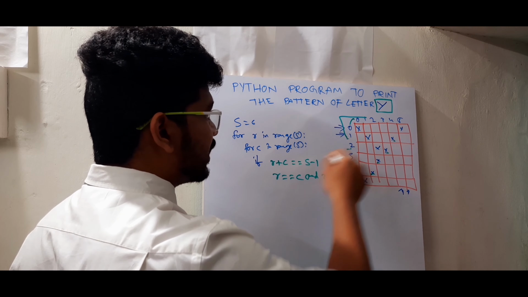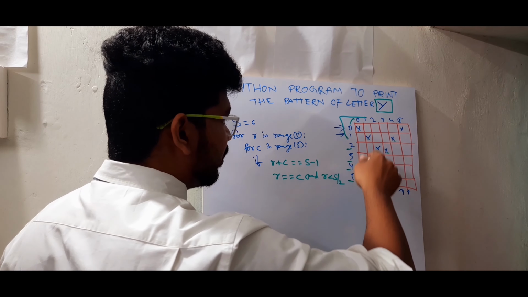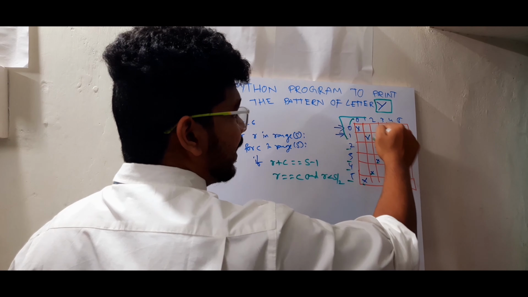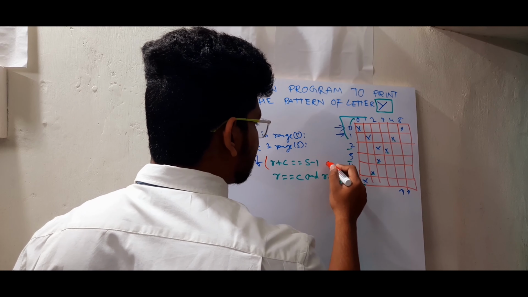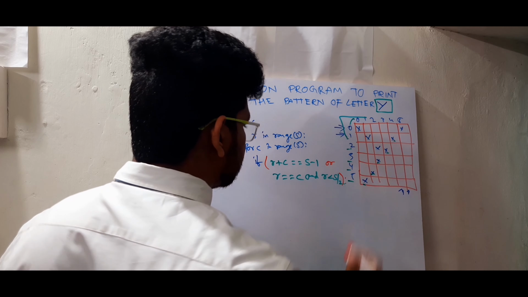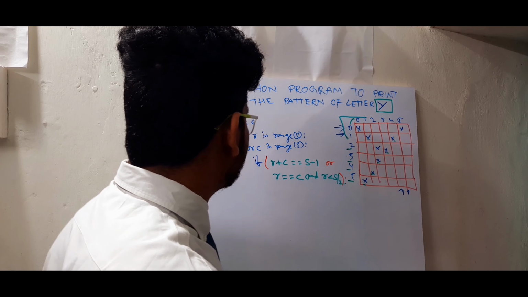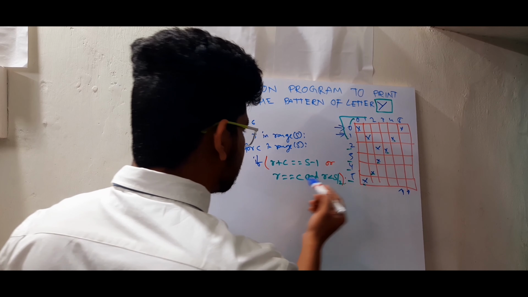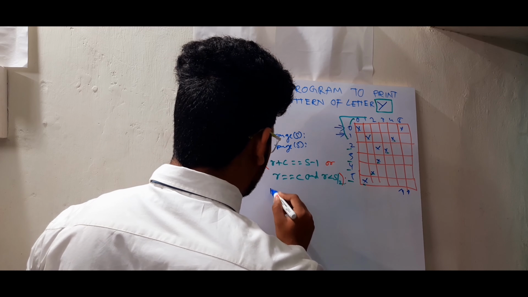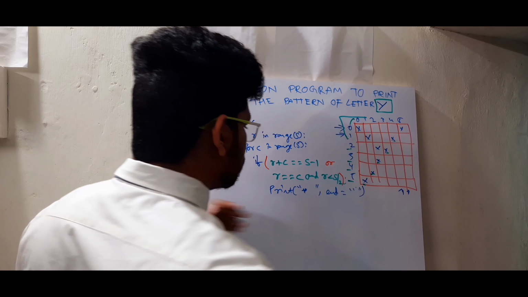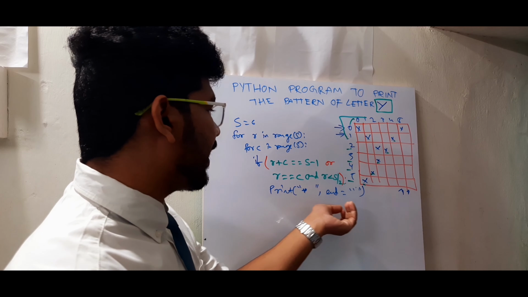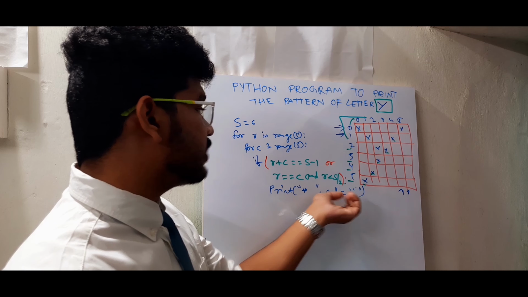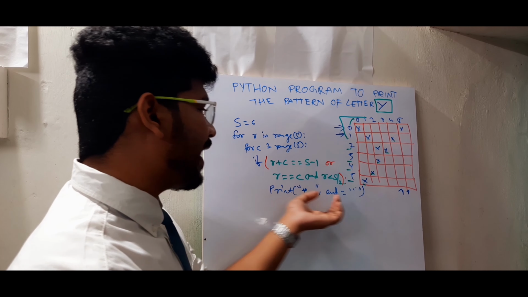The first condition is for printing this complete slanting line, and the second condition is to print the slanting line up to half. In these cases we'll print stars, and in all other remaining cases I'll print spaces. So if these two conditions are met, I'll print star, and here I gave end as empty. By default print takes end as new line.